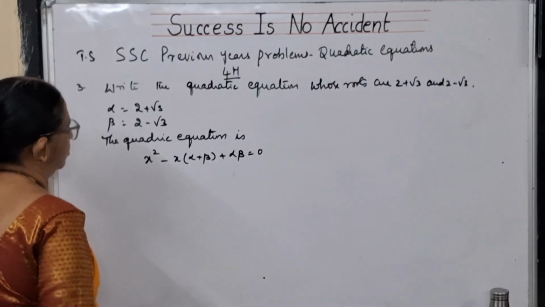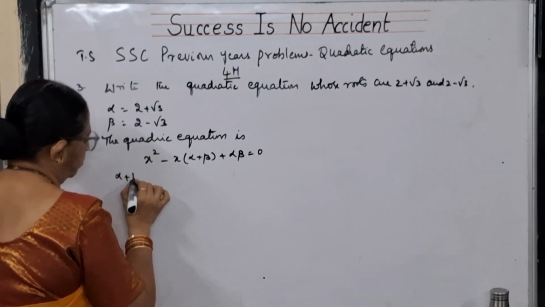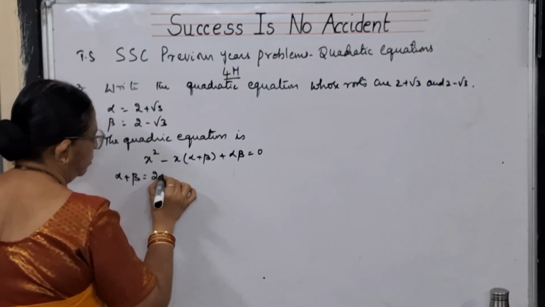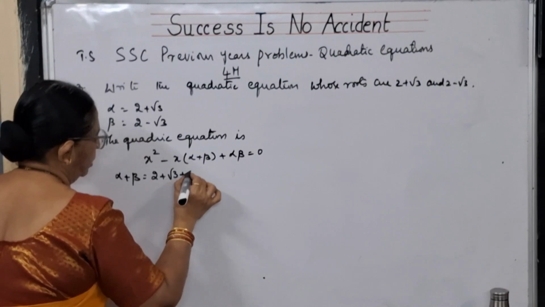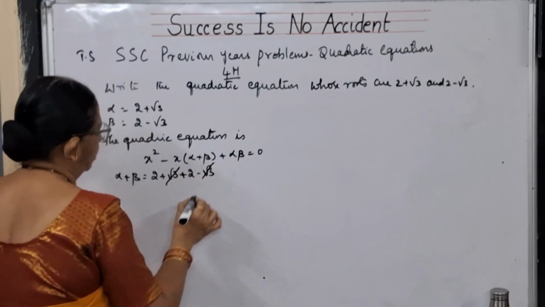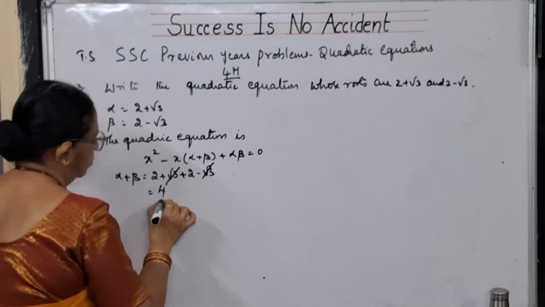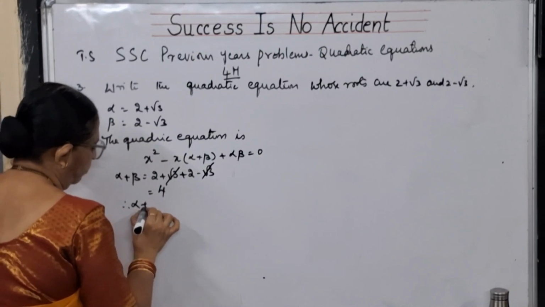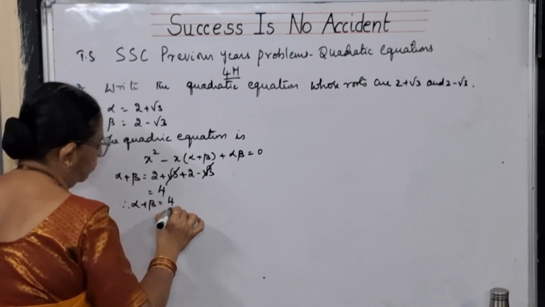This is the general equation. So first you write alpha plus beta. The alpha is 2 plus root 3 plus beta 2 minus root 3. Plus root 3 minus root 3 will get cancelled. 4 you are getting. So alpha plus beta is equal to 4.